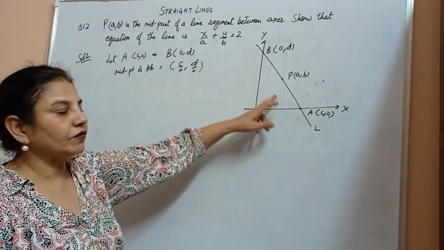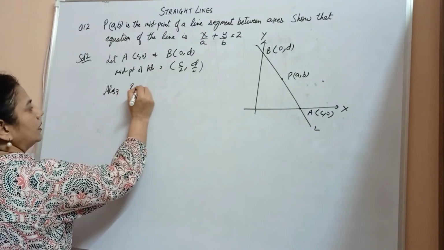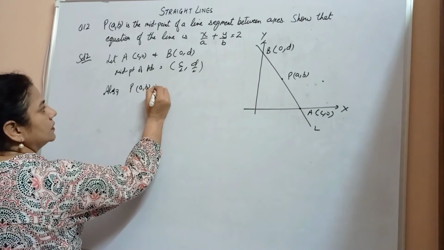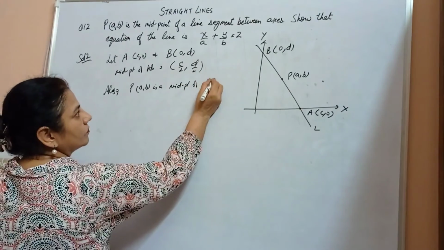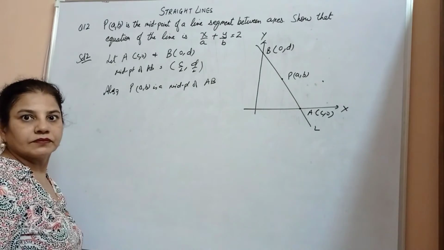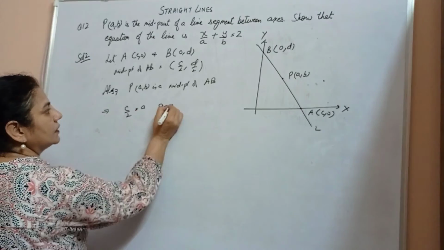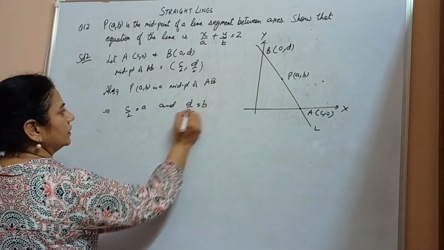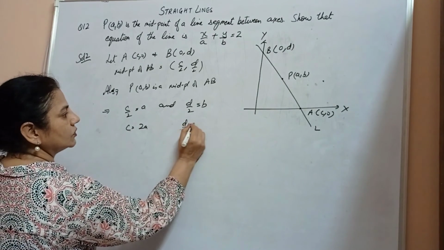Also P(a, b) is the midpoint of AB. This implies that c by 2 is equal to a and d by 2 is equal to b. So c is equal to 2a and d is equal to 2b.